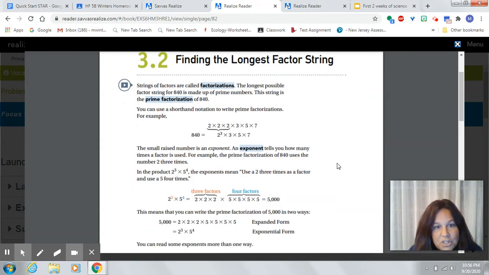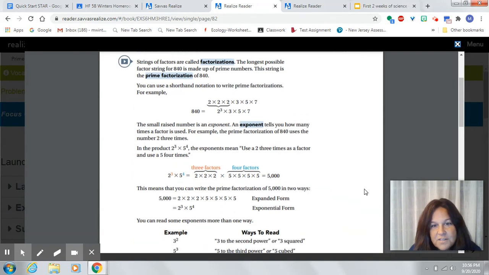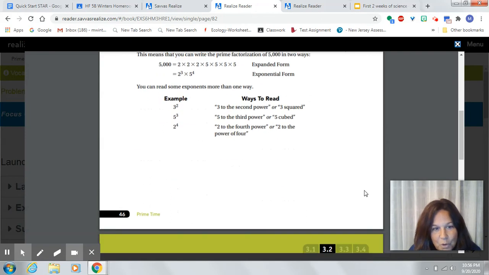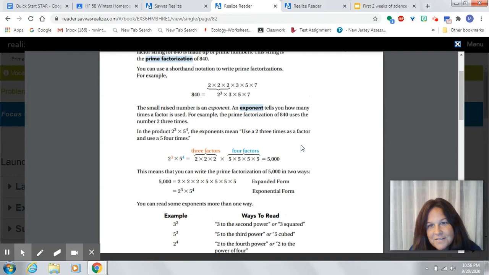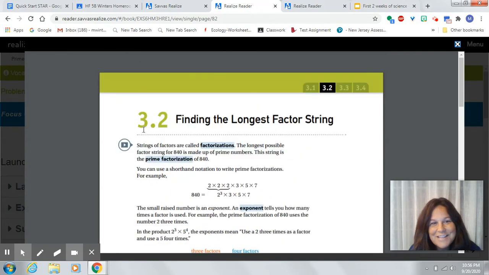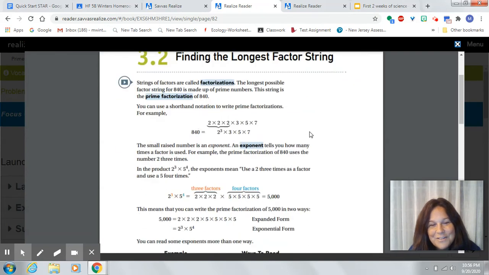In the product, 2 to the third power times 5 to the fourth power, the exponents mean use a 2 3 times as a factor and use a 5 4 times as a factor. So you can take a look here. This is found on the first page of your book, page 46, the first page of investigation 3.2, finding the longest factor string.